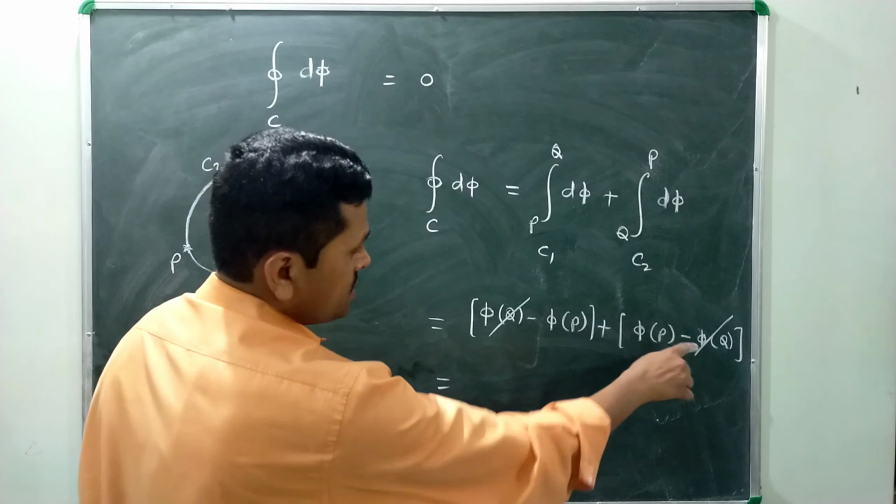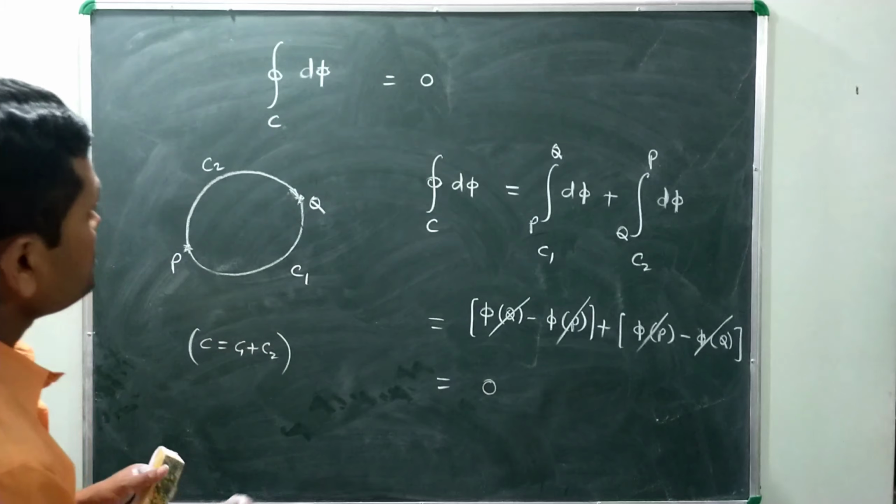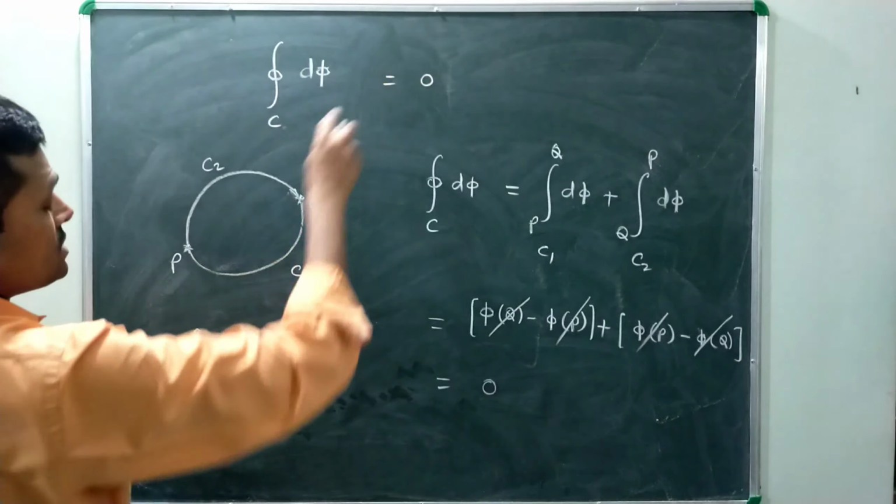This may be cancelled out by this one and this may be cancelled out by this one. So we have 0. That's why I have written this integral equal to 0.